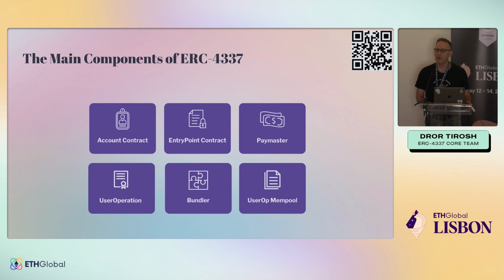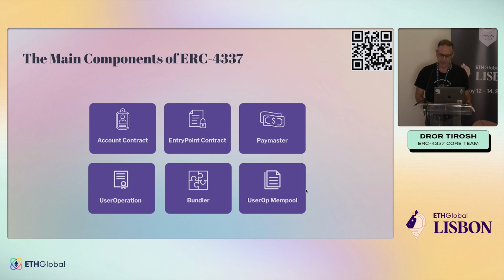If you think of a normal transaction, you have the nodes or the block builders or the miners, depending, which take transactions and put them on chain. With account abstraction, we name this component a bundler because it bundles multiple user operations. There is some confusion about this component, but basically it is a node. It's just like a block builder that supports account abstraction.